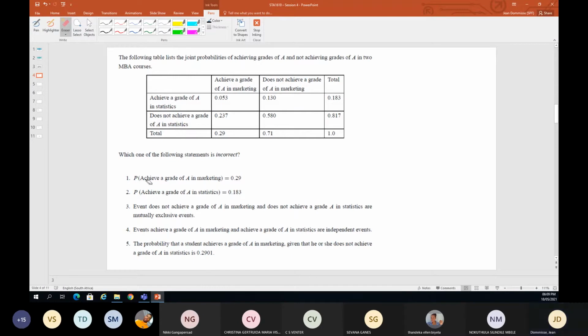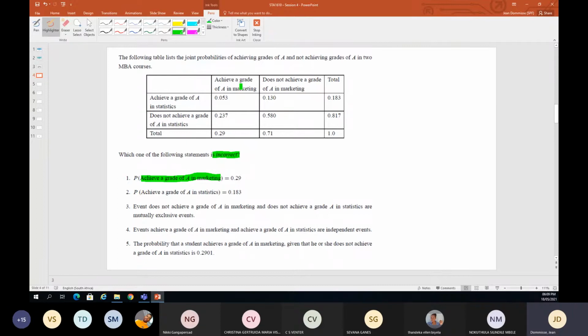So let's look at the first option that they give us, and they want us to look for the incorrect one. So the probability achieving a grade of A in marketing. So basically they want you to look for what is the probability of achieving an A in marketing.